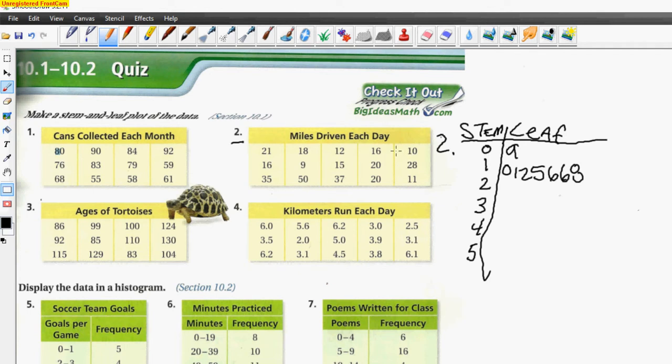Now let's go to the 20s. Okay? What do we have here as far as in the 20s? If you said 0 representing 20, you are correct. And do we have another? We certainly do.